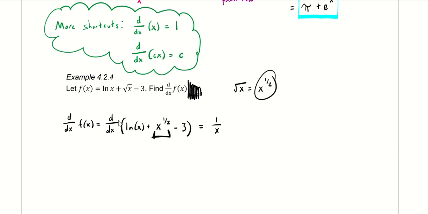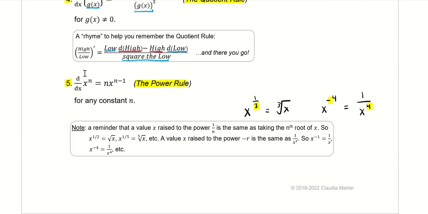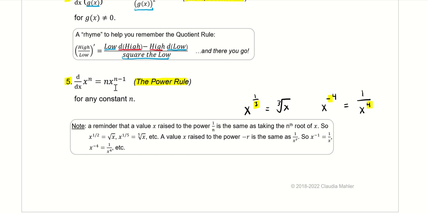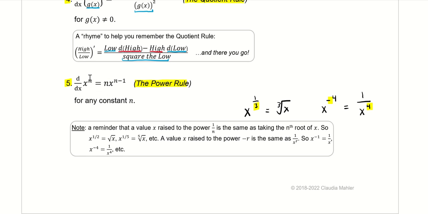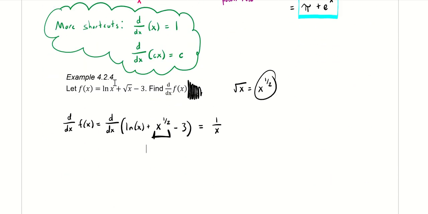This piece is x raised to a constant, so I'm going to use the power rule. I'm going to use my fifth rule from page 3, where I drop that power down and subtract 1 from it. So even though it's a fraction, I can still use that rule. That rule applies for any constant, any number.